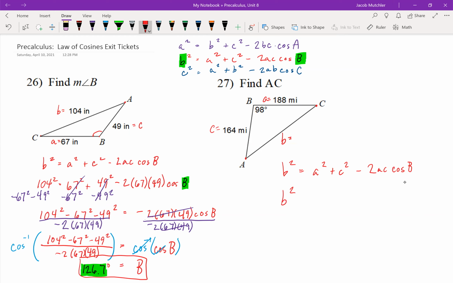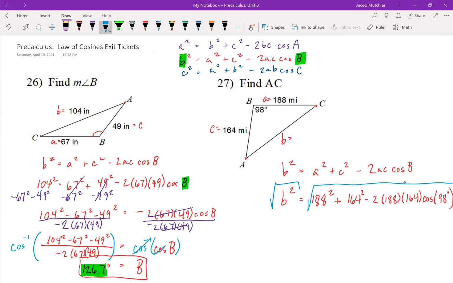So it's going to be B squared equals 188 squared, that's side A, squared, plus side C squared is 164 squared, minus 2 times A, 188, times C, 164, times cosine of angle B, which we're given as 98 degrees. So a little faster solution on this one. All we've got to do is take the square root of both sides.